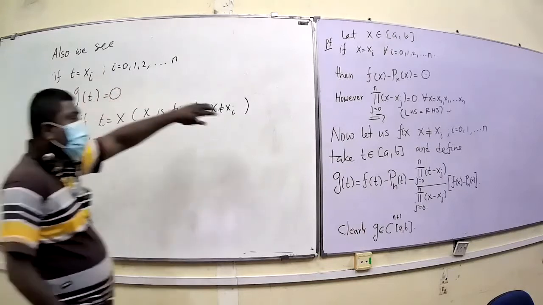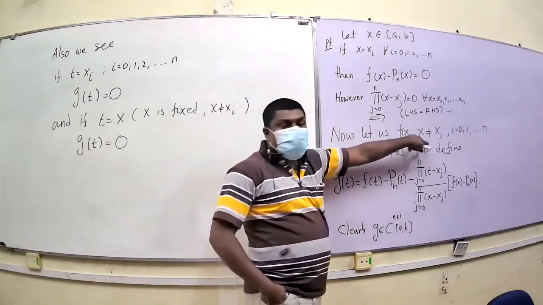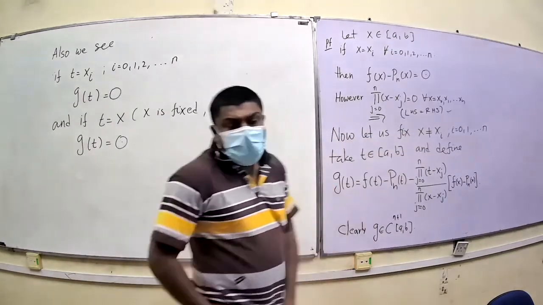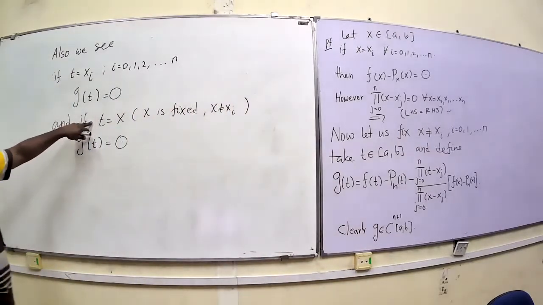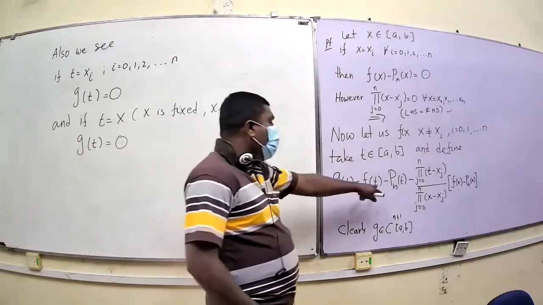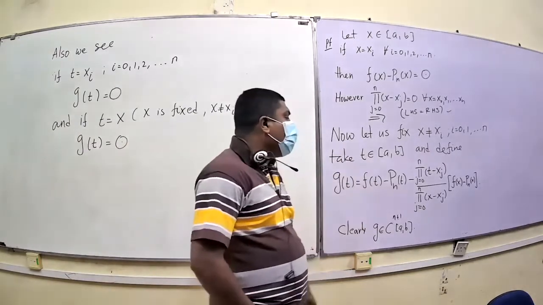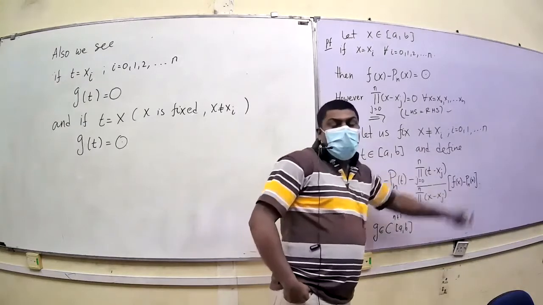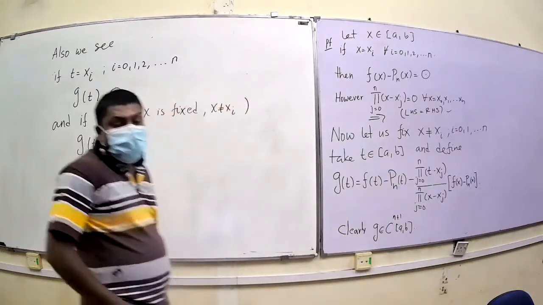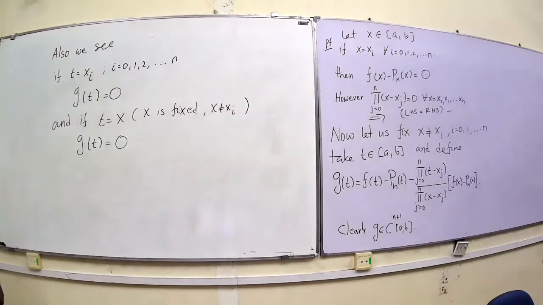Second one: now you fix x, so x is a fixed value now. When you put t equal to x, that fixed value, you get g of x equal to f of x minus Pn of x minus the same quantity f of x minus Pn of x, since the ratio becomes 1. This and this become the same, so they cancel out, and eventually you get 0.